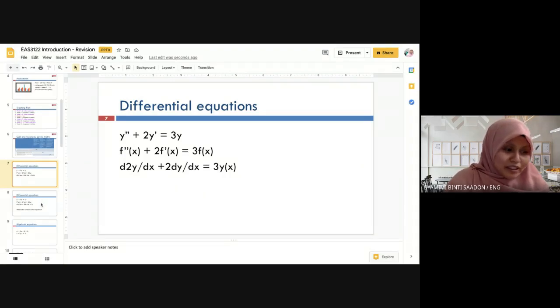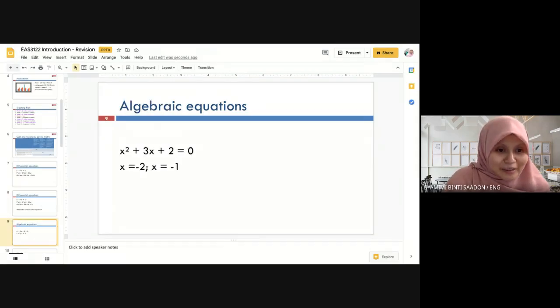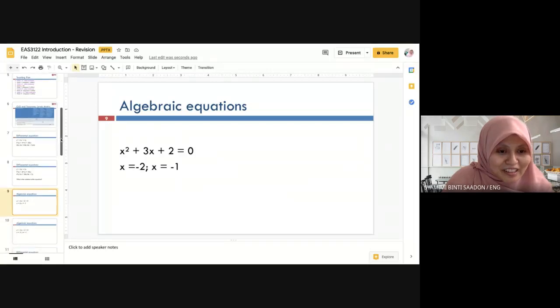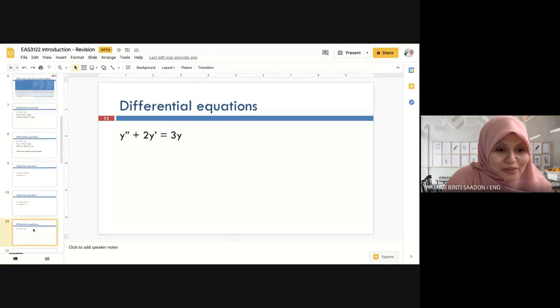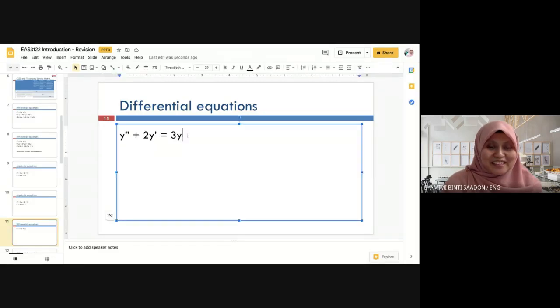So let's try to solve these differential equations. What is the type of answer? We have the rules for this type of differential equation.